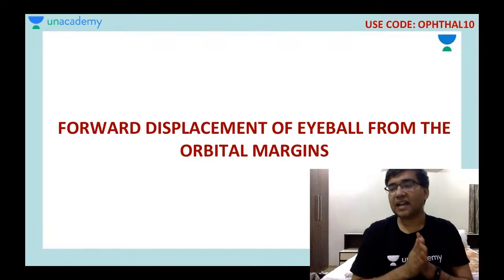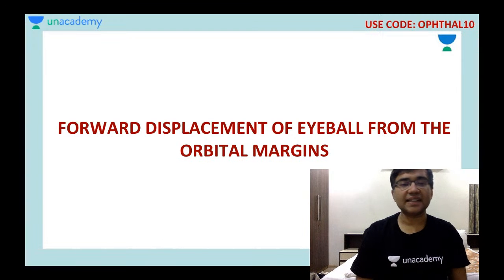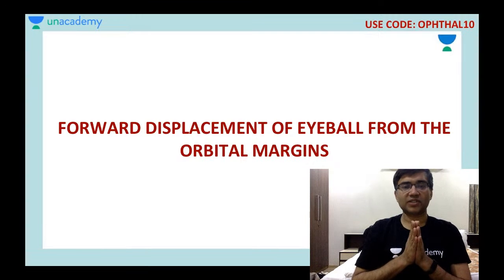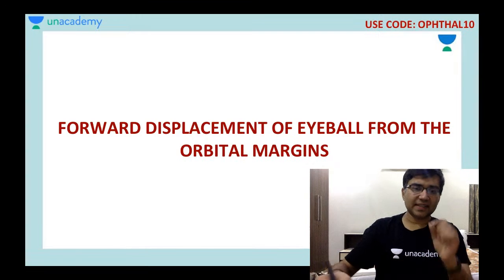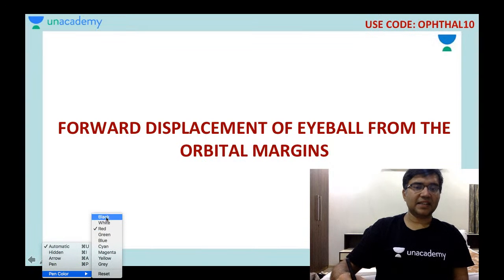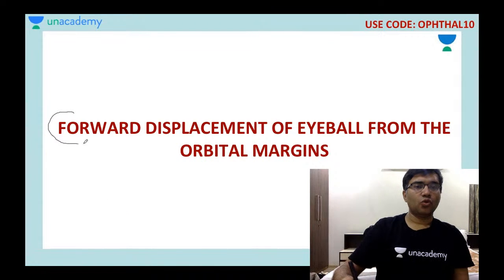So with this I come to my main topic, that is proptosis. As I told you, what is actually proptosis? The main word you can see here is the forward displacement of the eyeball.